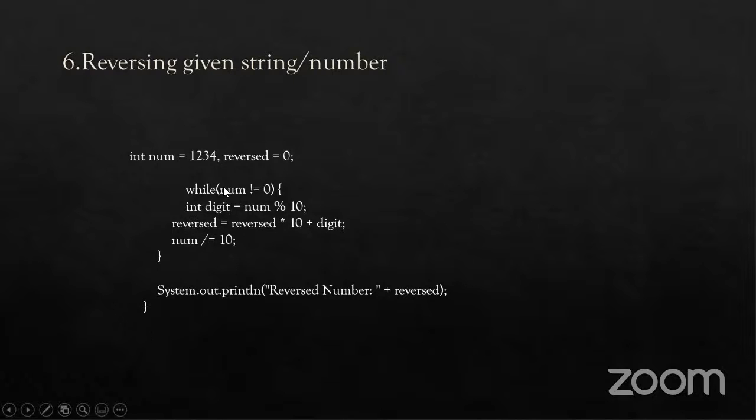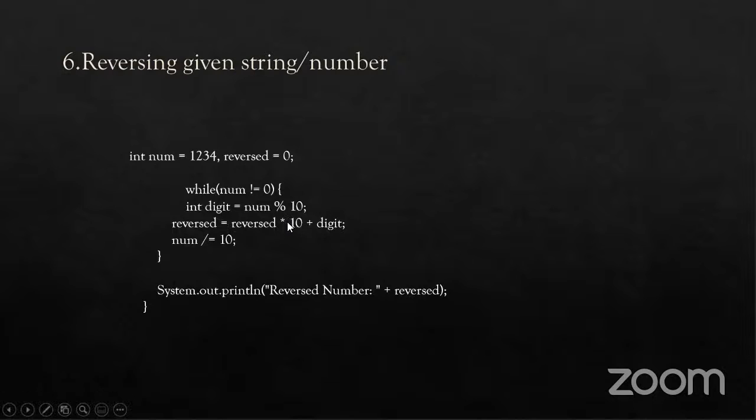Again the condition will check num not equal to 0 or not. Yes, num is not equal to 0. Now num is 1 2 3, and 4 is in the reverse variable. In the next loop we check 1 2 3 mod 10, and inside digit we get 3.